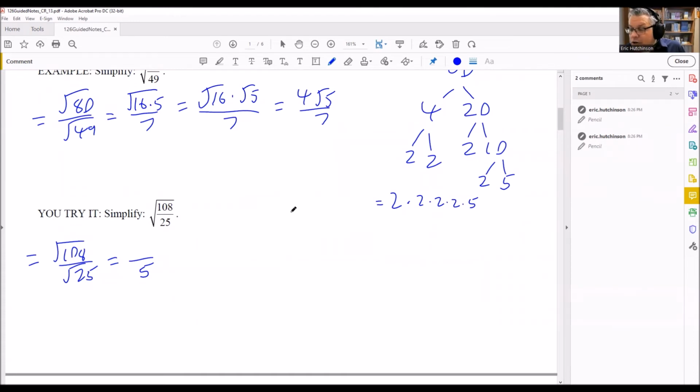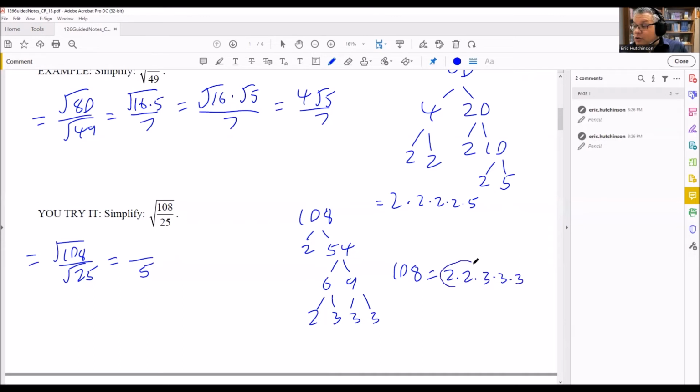So let's do that here. 108, if you divide it by 2, you're going to get 2 and 54. And then the 54, you can break that down. You might think of 6 and 9 right away. So that would be a 2 and a 3, and then another 3 and a 3 there, which means that 108 is equal to 2 times 2 times 3 times 3 times 3.